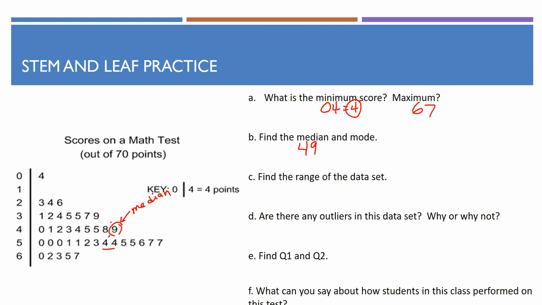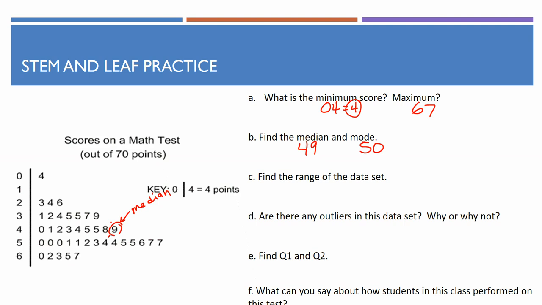I have 2 54s. I have 2 57s. I have 2 55s. But here's the thing. I have 3 50s, right? So I have a whole bunch of numbers that repeat twice, but this one repeats 3 times. So therefore, the mode is just 50. Because that's the one that occurs the most times, right?